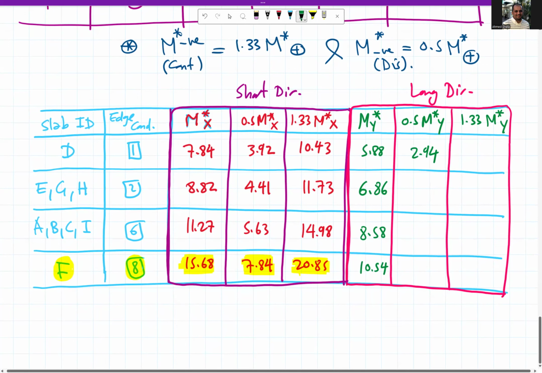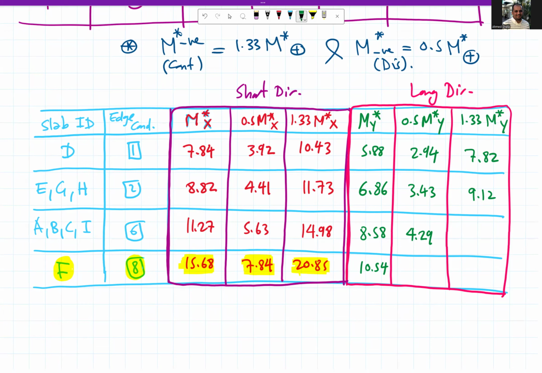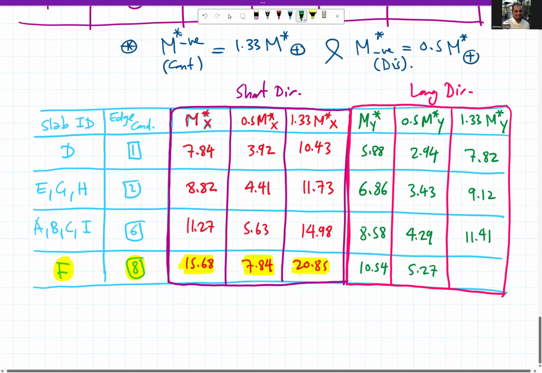2.94 and 7.82. 6.86 gives us 3.43 and 9.12. 8.58 gives us a value of 4.29 and 11.41. 10.54 gives us a value of 5.27 and 14.02.